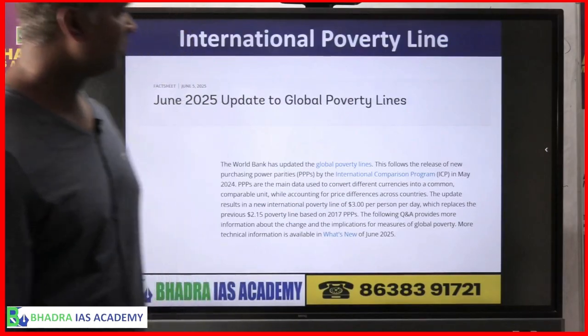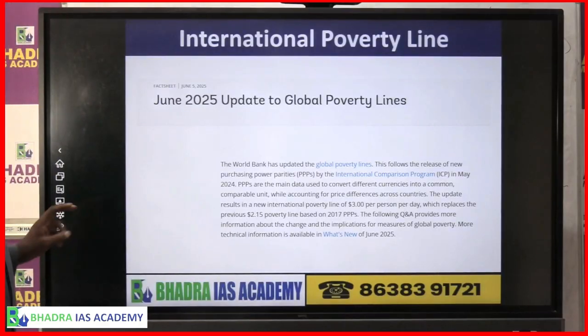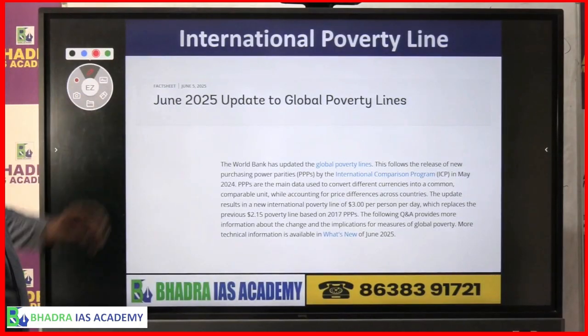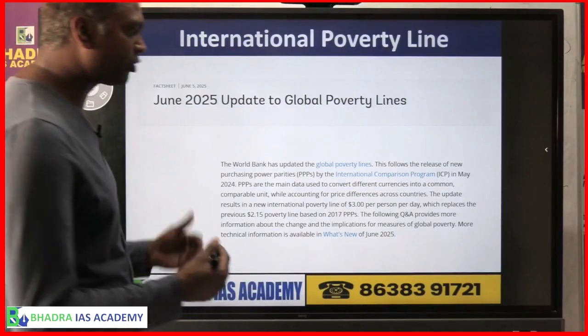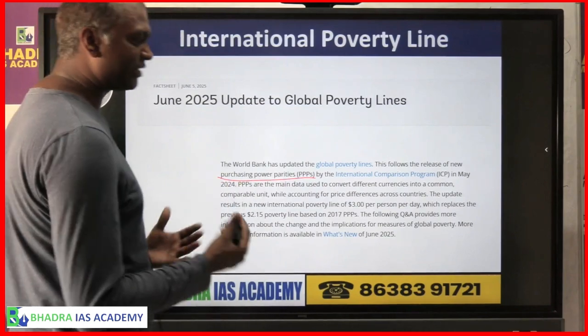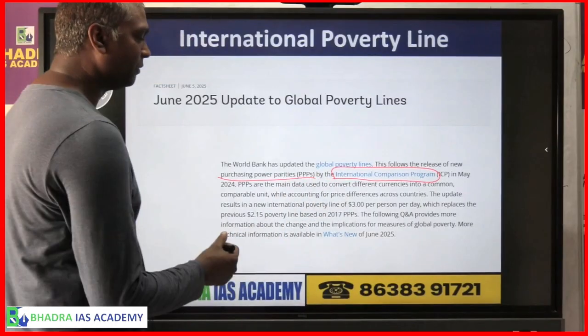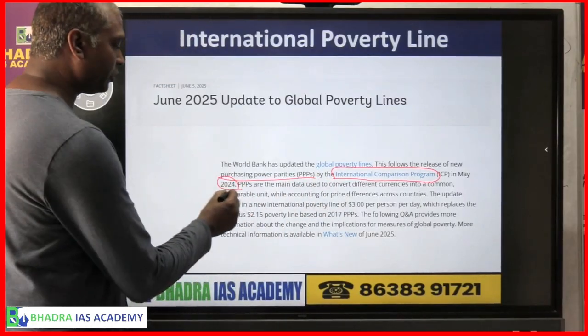Okay, so now let's look at some detail. ये जो international poverty line World Bank ने announce किया है, this is actually based on the purchasing power parity estimates created by the International Comparison Program. They created this in 2024.